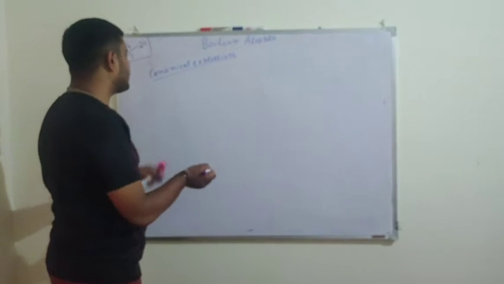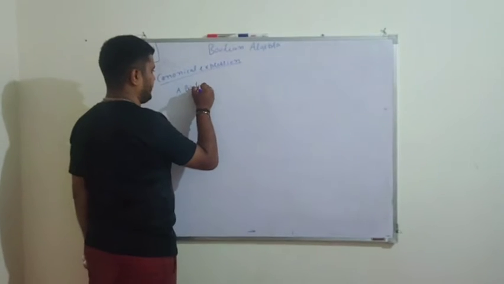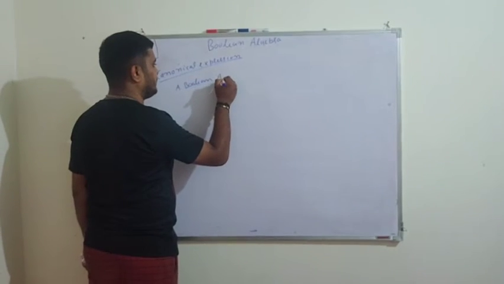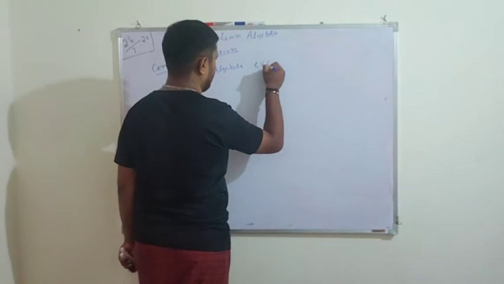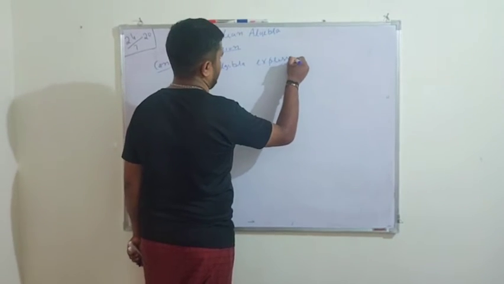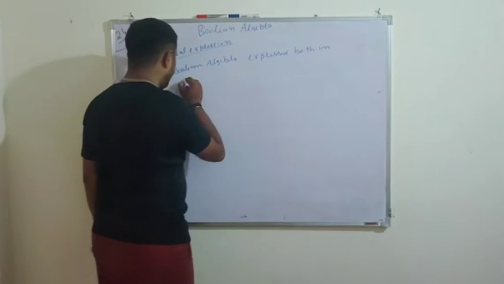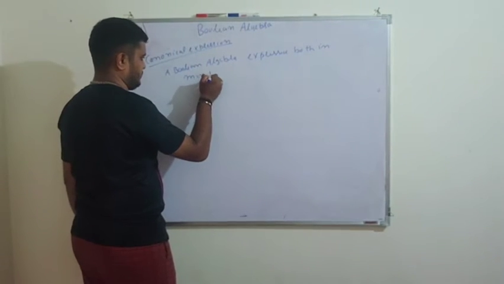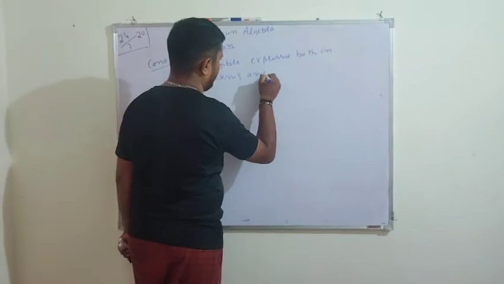A canonical expression means a binary or Boolean algebra expressed both in min terms and max terms.